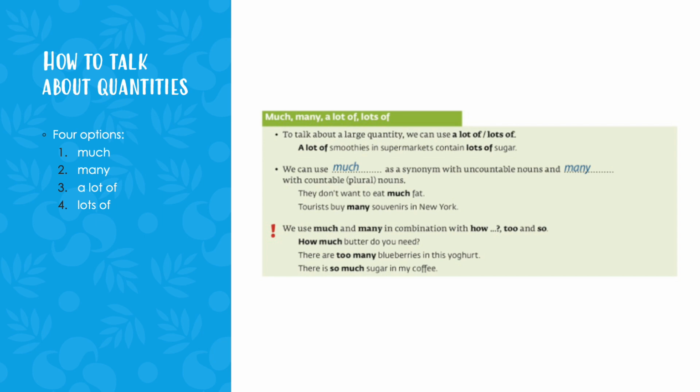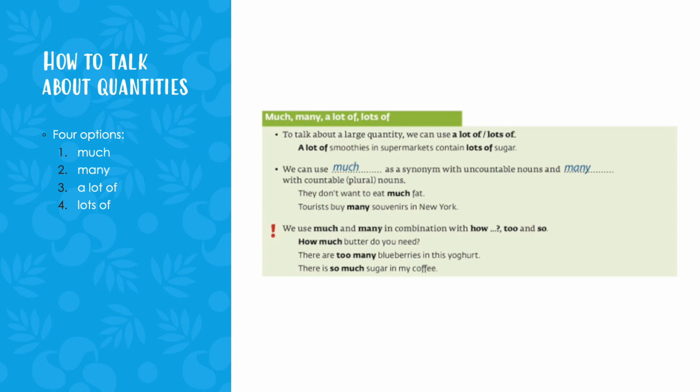For example, a lot of smoothies in a supermarket contain lots of sugar. And then second, with uncountable nouns, we use much. For example, they don't want to eat much fat. With countable nouns, we use many. For example, tourists buy many souvenirs in New York.